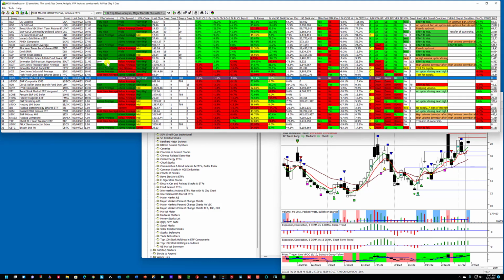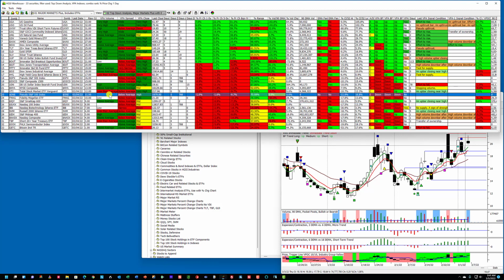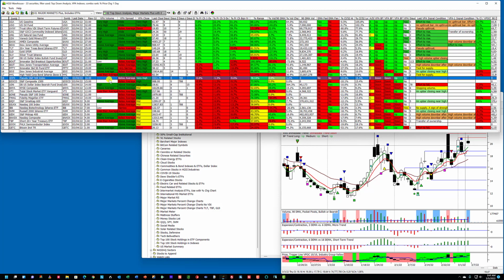Now, if you look in this column, you'll see some white areas with no text in them. That just means there's no volume on these indexes. I want to point out, looking at this column right here, the days since the 3 crossed the 6, the higher numbers indicate longer term strength.